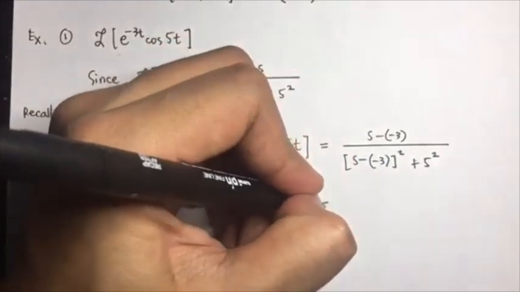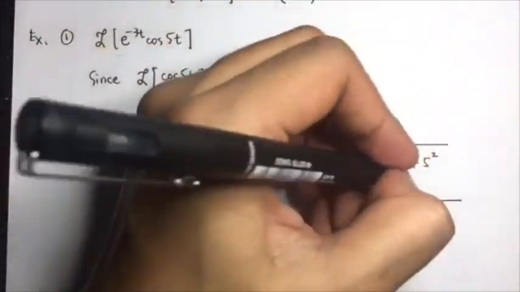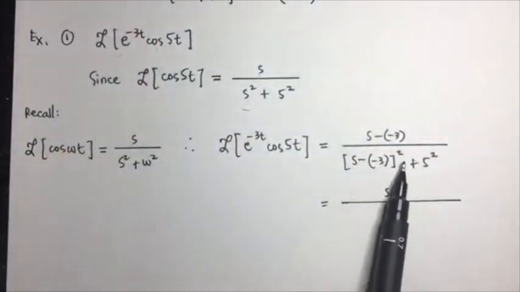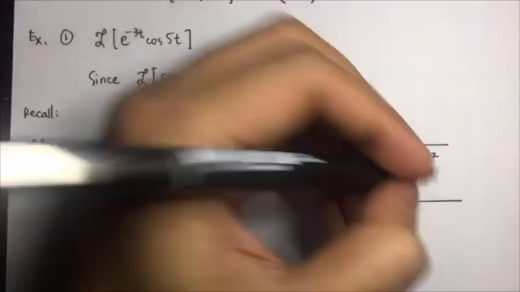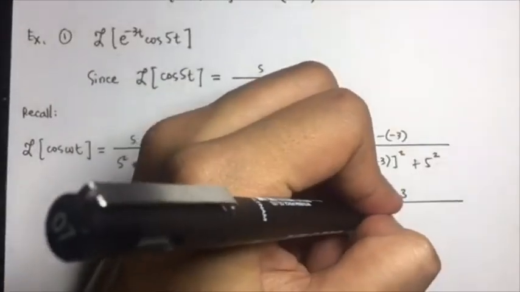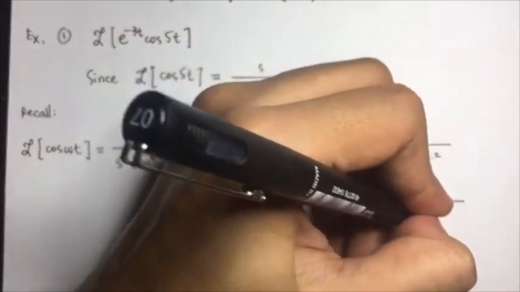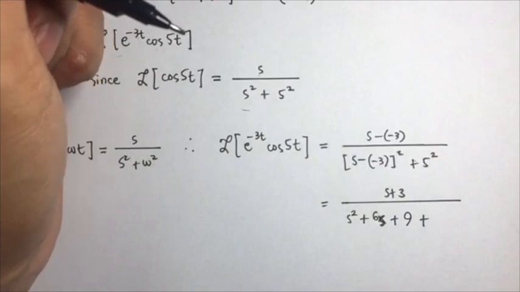Simplifying that, the numerator will become s plus 3, and the denominator will become s plus 3 squared, so that is s squared plus 6s plus 9 plus 25.